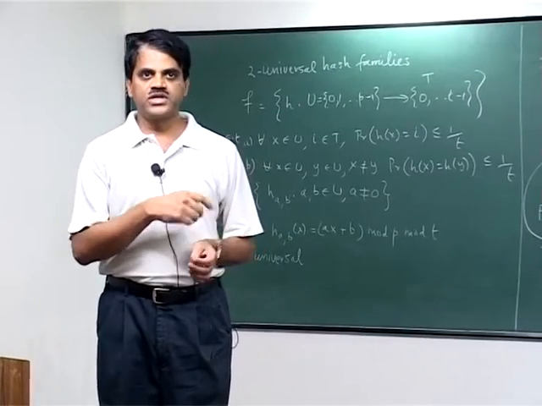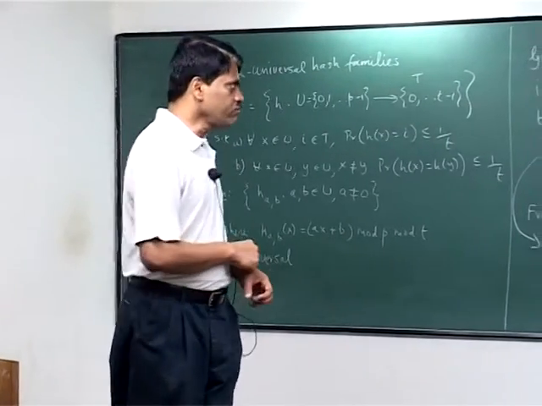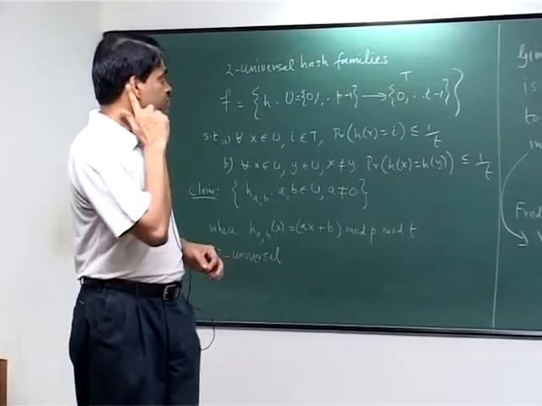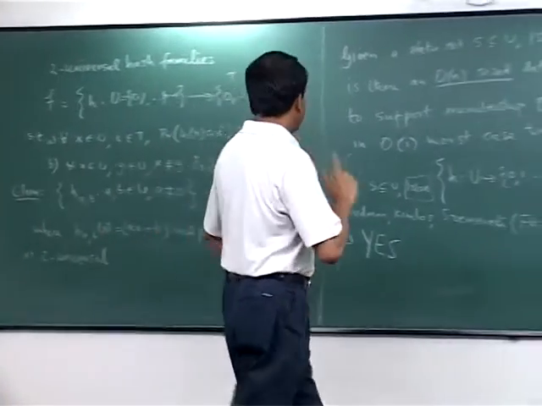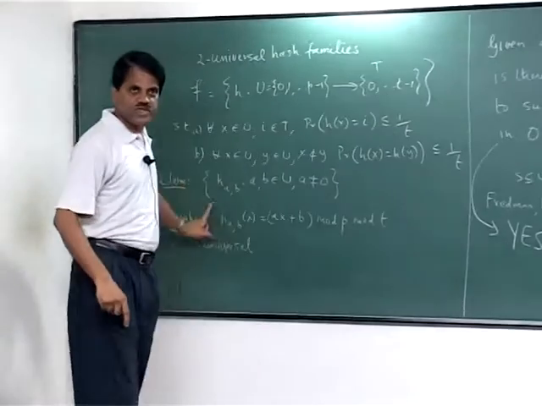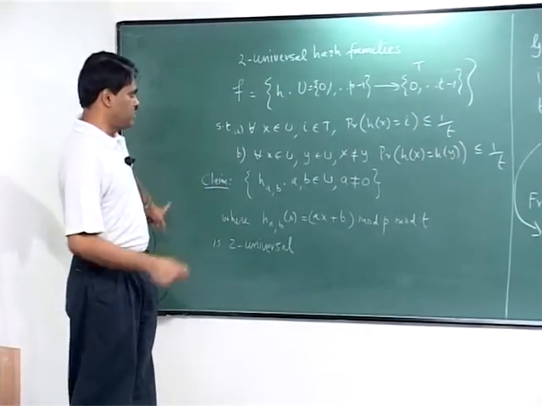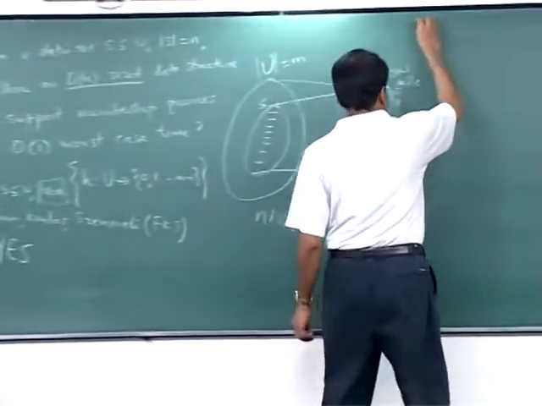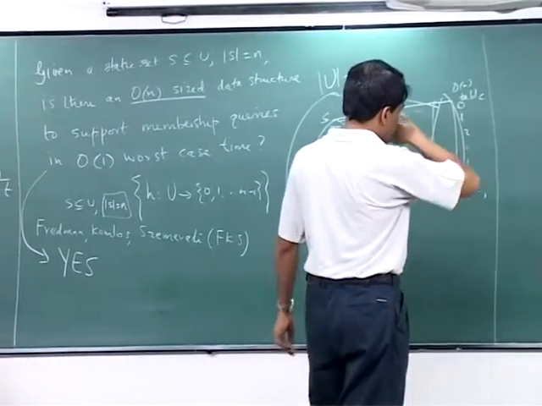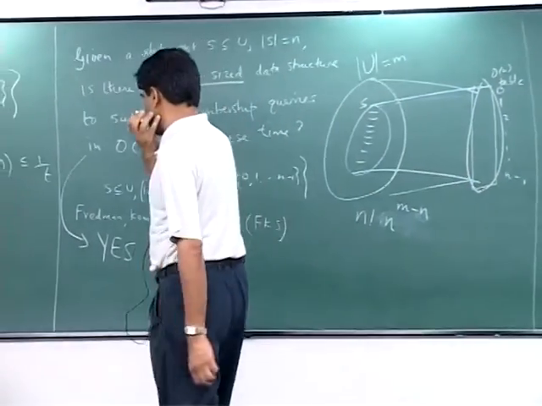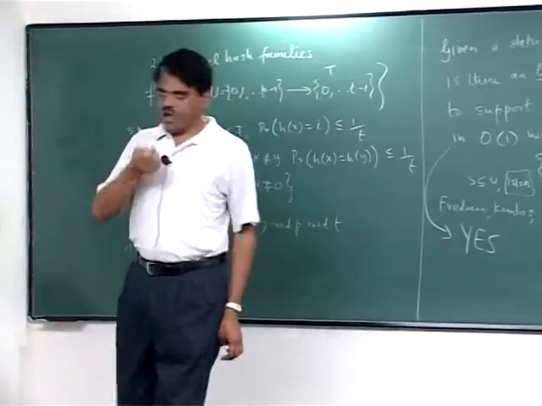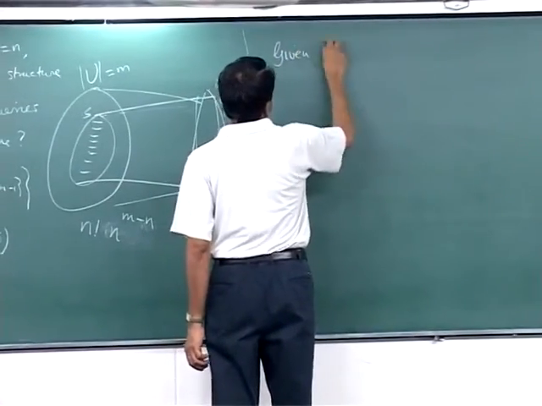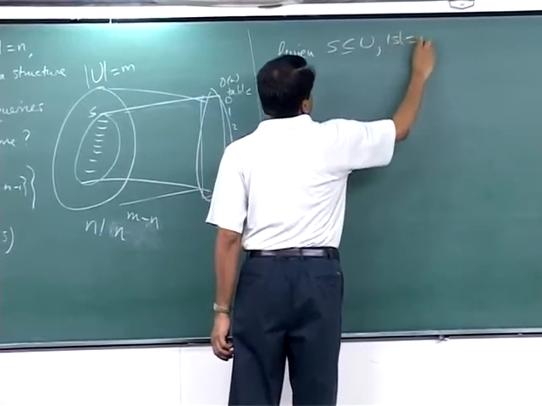So you're going to come up with such a function. Keep in mind that this function can depend on your set S, because S is given to you in advance. That's going to actually use two universal hash families, more precisely this construction. Always keep in mind that your set is a fixed set given to you.